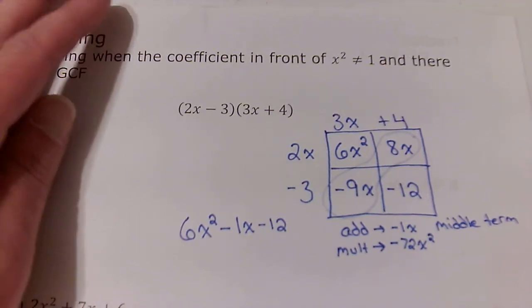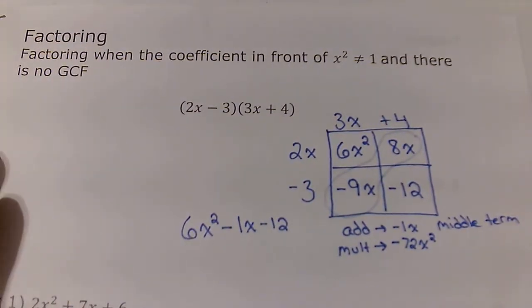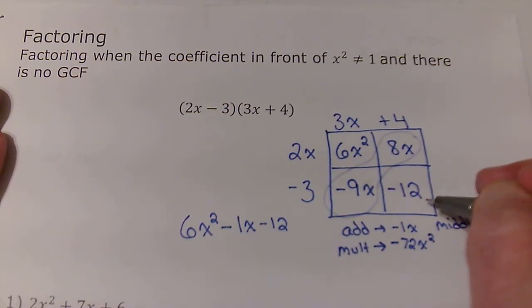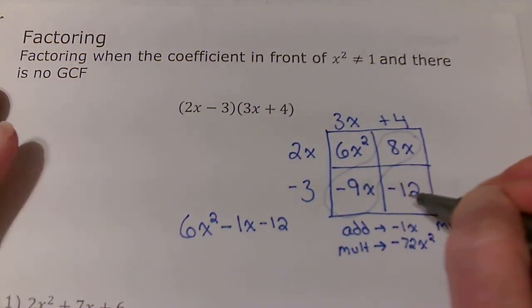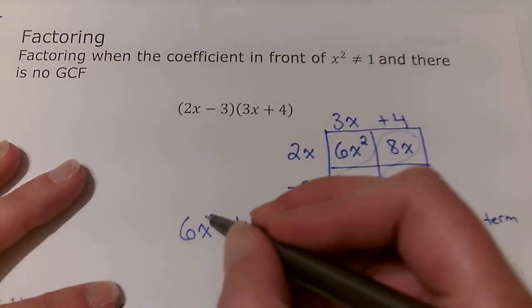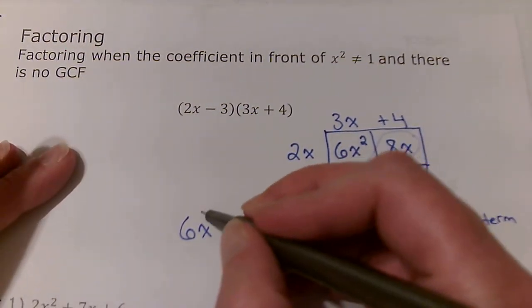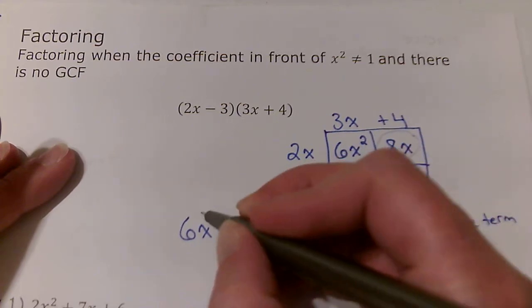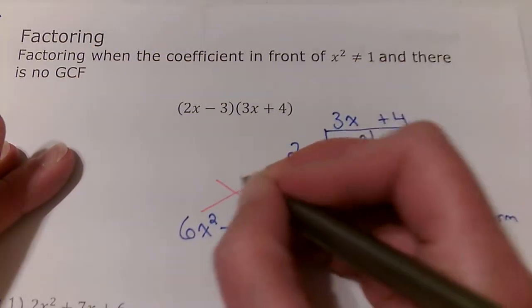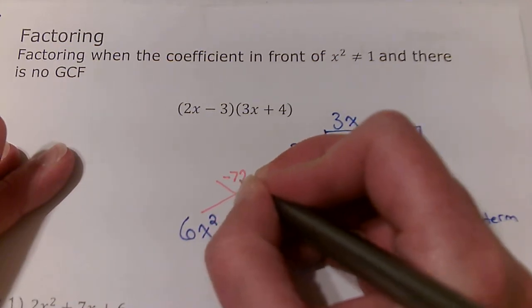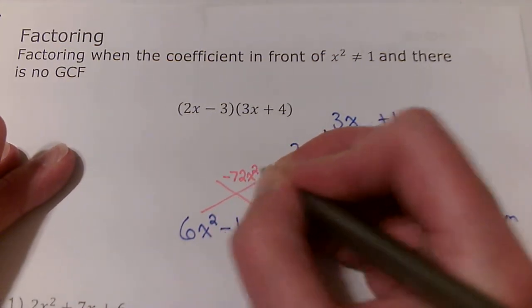There's a neat thing that happens here. What do I get if I multiply the other diagonal? So in other words, the first times the last. Well, if I multiply 6x squared times negative 12, I get negative 72x squared.